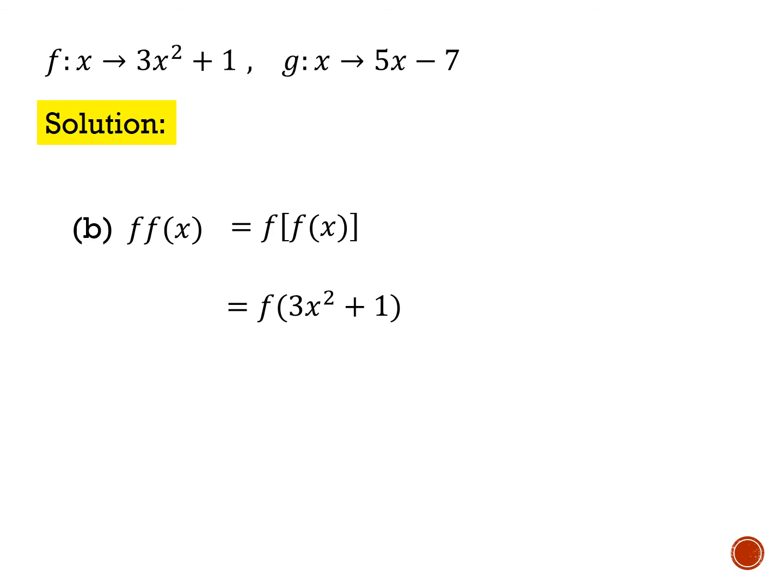Then we put 3x squared plus 1 into x of f(x), which means 3 multiplied by (3x squared plus 1) squared plus 1. Then we expand and simplify until we get 27x to the power 4 plus 18x squared plus 4.